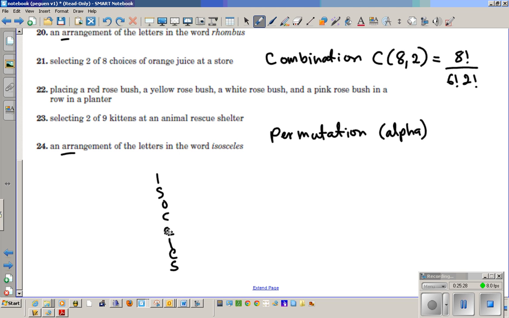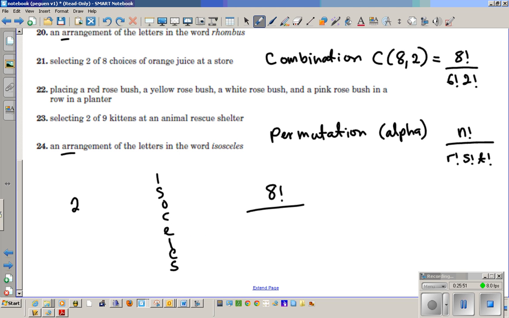1, 2, 3, 4, 5, 6, 7, 8. 8 in all. So we're going to use the formula n factorial over the repetitions, R repeats, S repeats, and T repetitions. Since we have 8 in all, we're going to have 8 factorial on the top. And on the bottom, are there any repetitions?